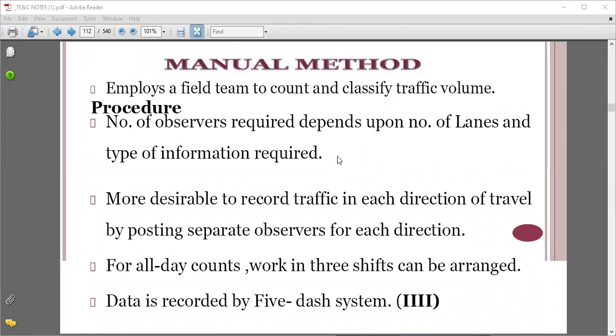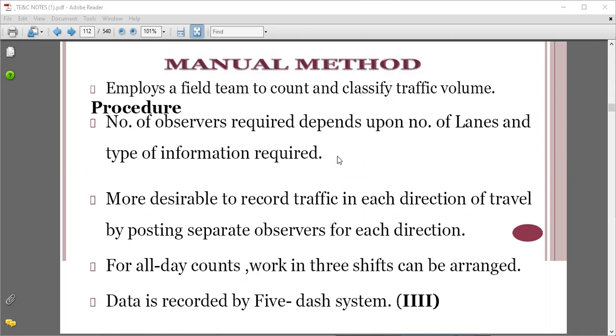So we can understand the vehicles passing on that road, and we can understand the exact traffic volume of that road. The last point is that the data is recorded by the 5 dash line.